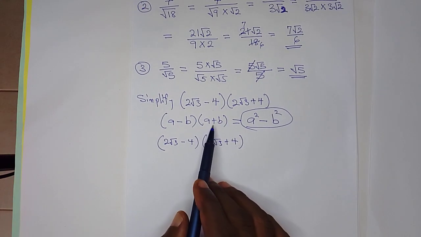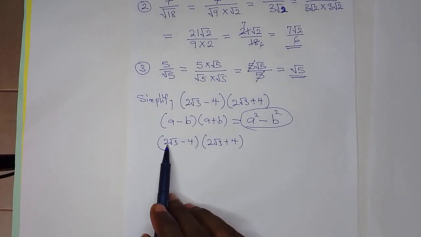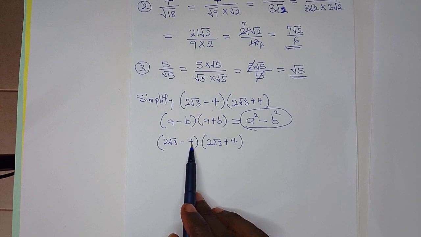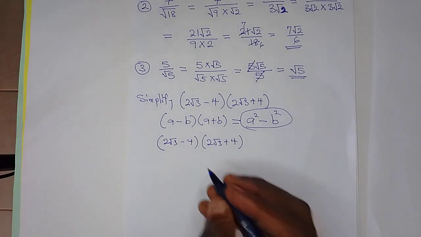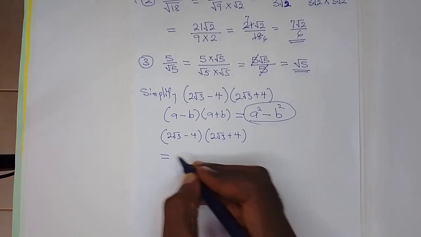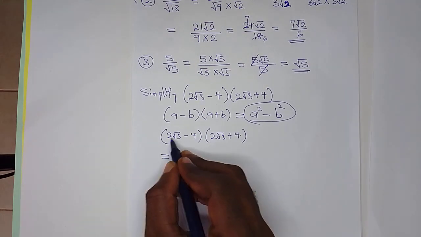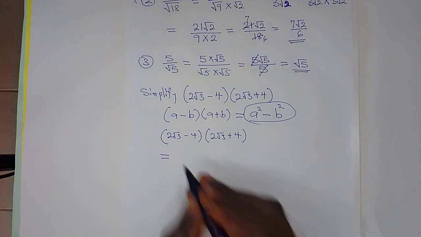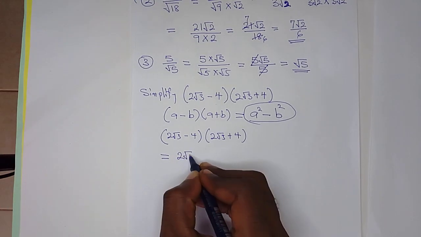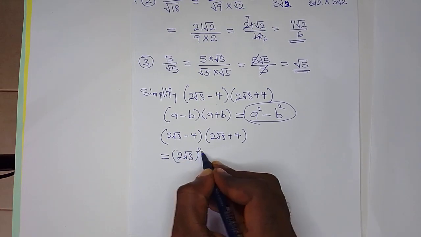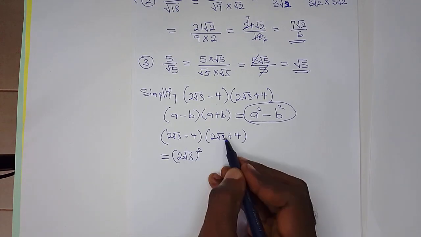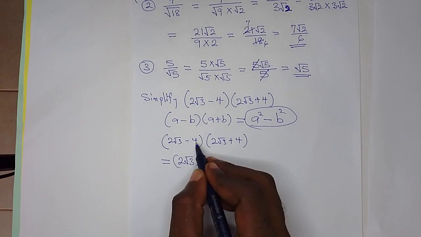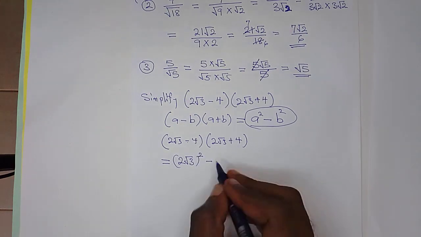So this a represents this 2 root 3. This b represents this 4. You get that? So we can say, to simplify this, we are going to say 2 root 3, so we have 2 root 3 square. Then minus times plus, which we know is minus. Then 4 times 4, that will give us 4 square.